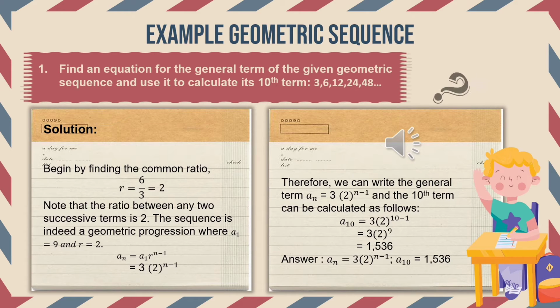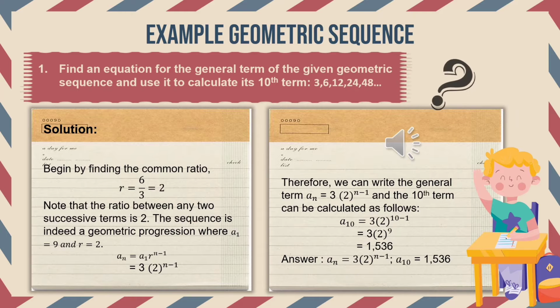a sub n is the first term times r to the power of n minus 1, is 3 times 2 to the power of n minus 1. Therefore, we can write the general term a sub n is 3 times 2 to the power of n minus 1. And the 10th term can be calculated as follows.